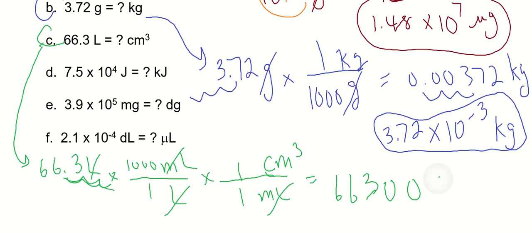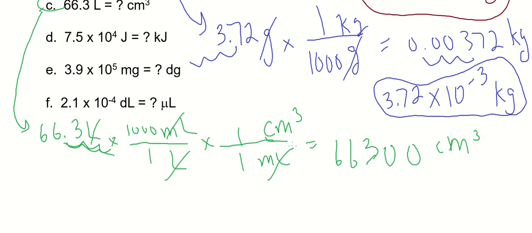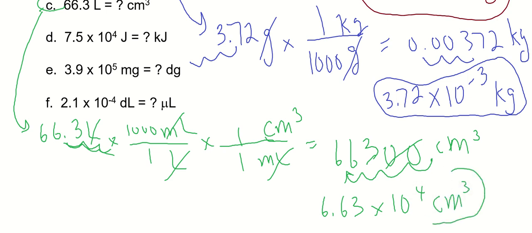Now scientific notation. The decimal moves 1, 2, 3, 4 places. All right, answer 6.63. These zeros are not significant. Times 10 to the 4 cubic centimeters. There's the answer for that.